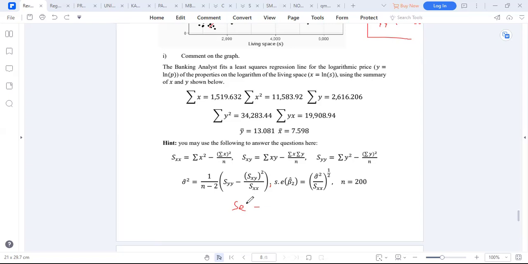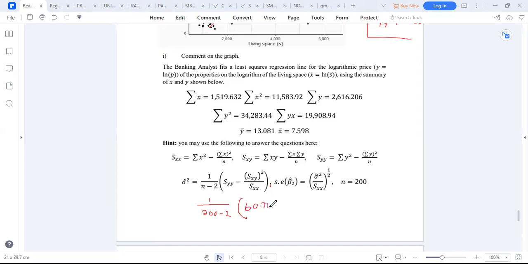To calculate the variance, we'll do 1 over n minus 2, which is 200 minus 2, times SYY minus the XY term. What was SYY? It was given 60.77.